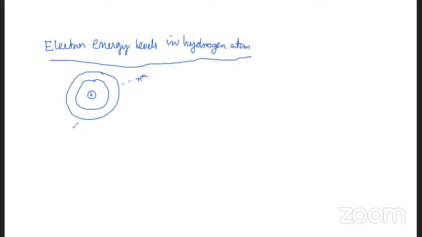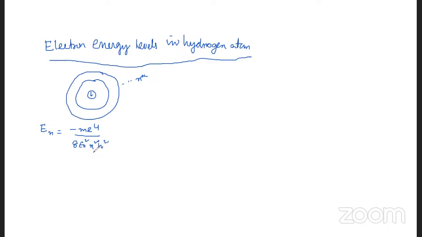Already we have seen that the energy level of the nth orbit, En, is equal to me to the power 4 by 8 epsilon naught square n square h square. So this is the orbital energy of the electron revolving in the nth orbit.